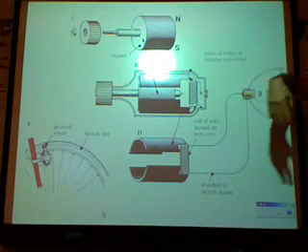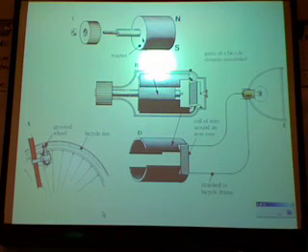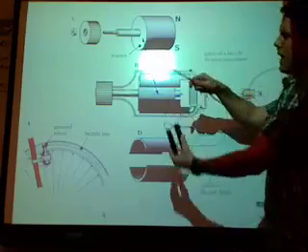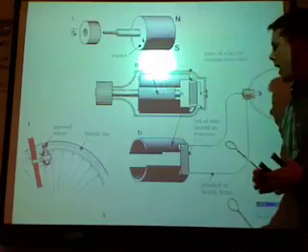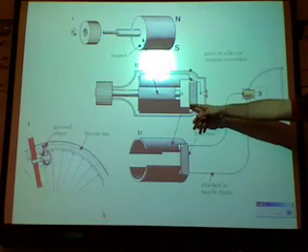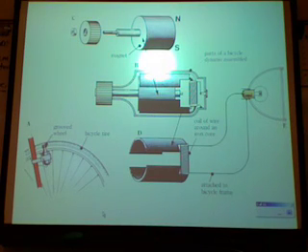Or better yet, I could say the wire's cutting through the lines of force. It doesn't matter whether I take the magnet and move it in and out, or if I move the wire. Either way, I'm going to break the lines of force, and electricity is going to flow through the wire, through the bulb, and back. This is an example of how a dynamo was used, well, not that long ago.